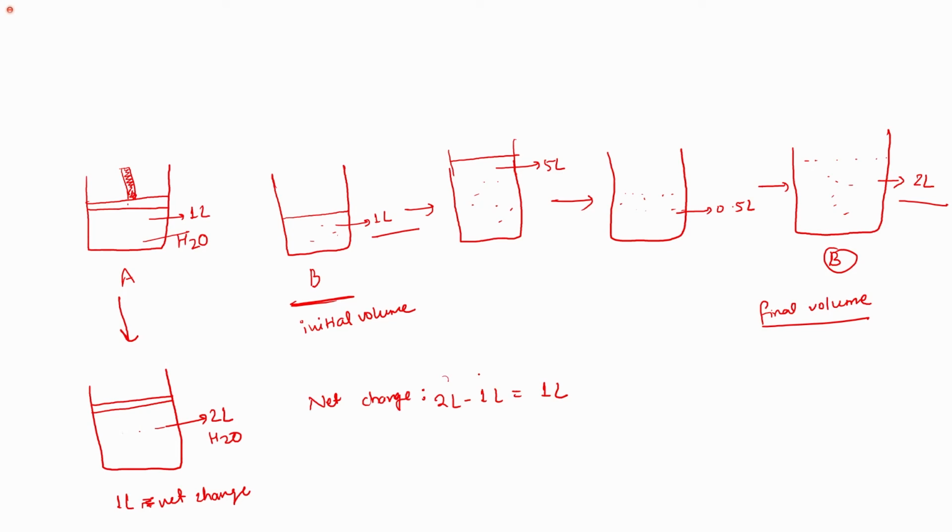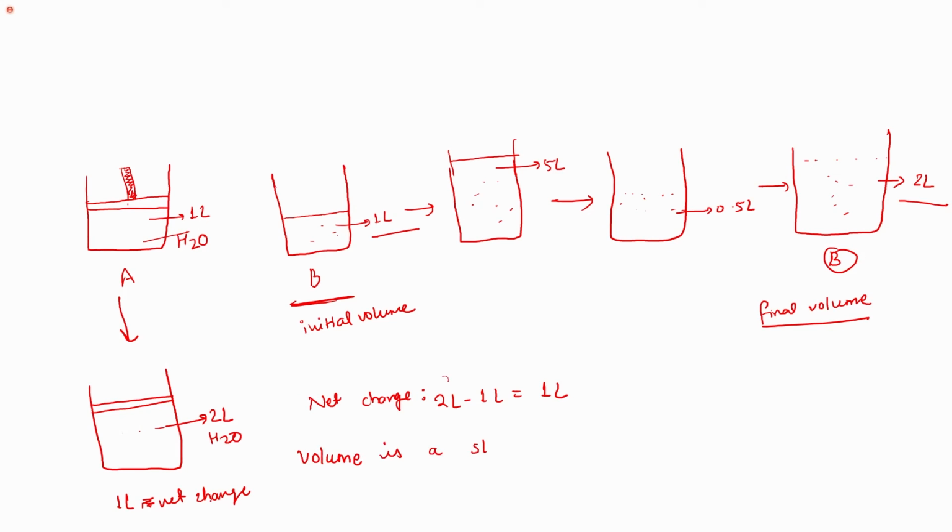So although the containers A and B differed in their volume change paths, because the initial and final volumes of the container are the same, their net change is the same. Hence, volume will be considered a state function along with the other properties I mentioned earlier.